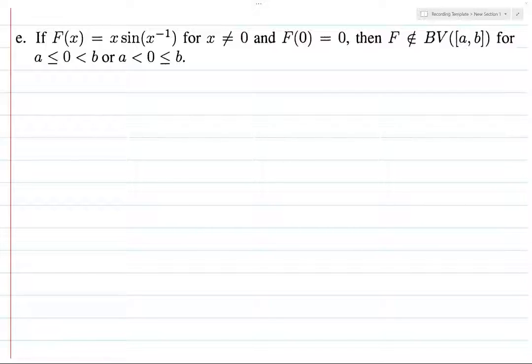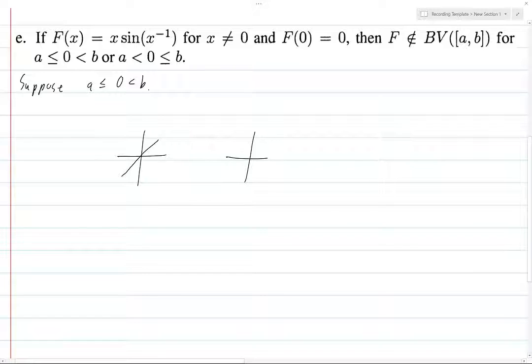So let's look at the case of a less than or equal to 0 less than b. Now, if you think about this, x looks like this, and sine looks like this or whatever. Basically, these are both odd functions, and an odd function times an odd function is an even function. And so we get reflective symmetry across the y-axis.